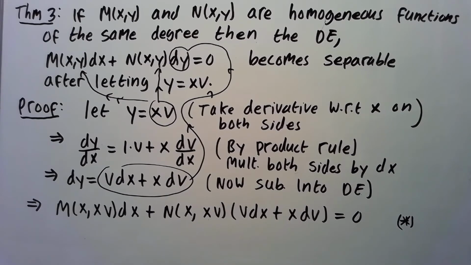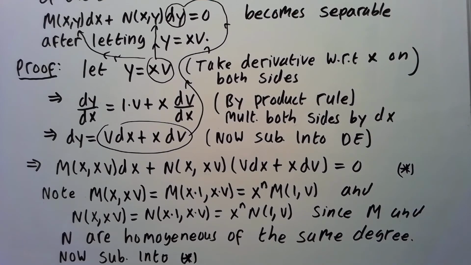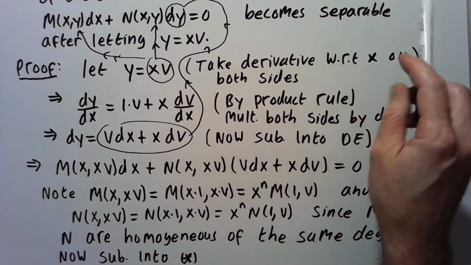Okay, now we're going to use the homogeneous property of these functions. So we're assuming that they're both homogeneous of the same degree. So let's make an observation here. Now here's an important observation. We're going to be using the homogeneous property of the two functions.